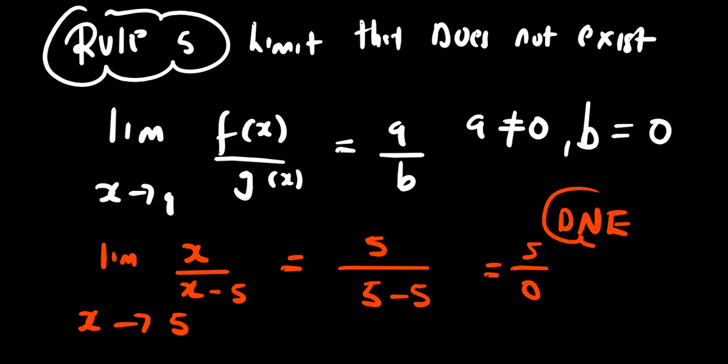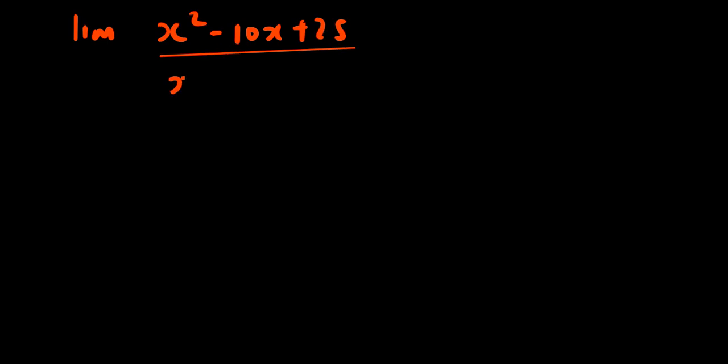Okay, it doesn't exist. However, what if you've got the limit of a quadratic, x squared plus 10x plus 25, divided by x squared minus 4x minus 5, and in this case x is approaching 5?